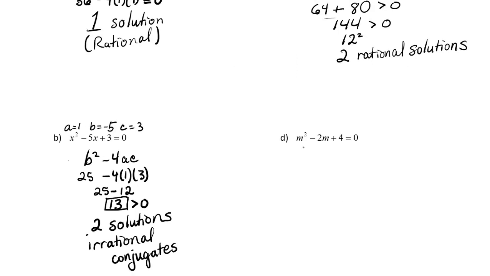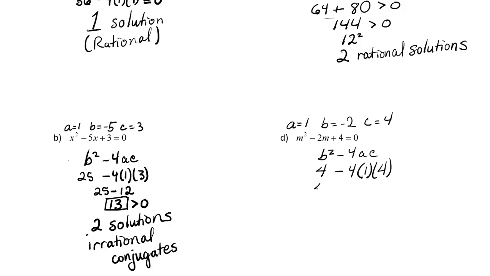Now let's look at the last one here. We have m squared minus 2m plus 4 equals 0. This means a equals 1, b equals negative 2, and c equals 4. We can use the discriminant b squared minus 4ac and substitute the values in. Negative 2 squared is 4, minus 4 times 1 times 4.